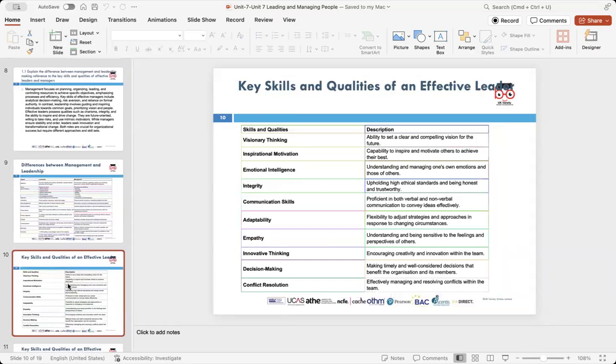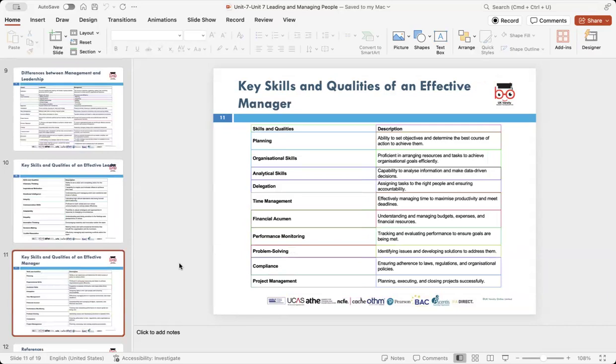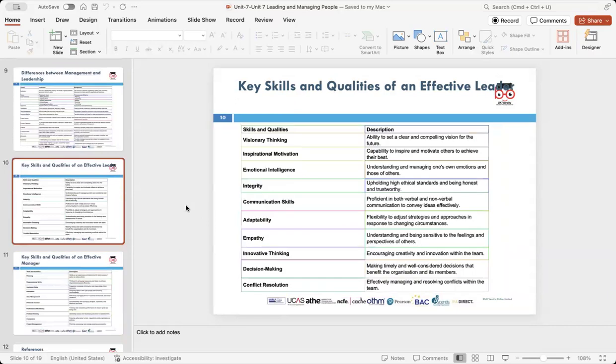Key skills and qualities of effective leadership. An effective leader needs several important qualities. Visionary thinking allows a leader to set a clear goal for the future.